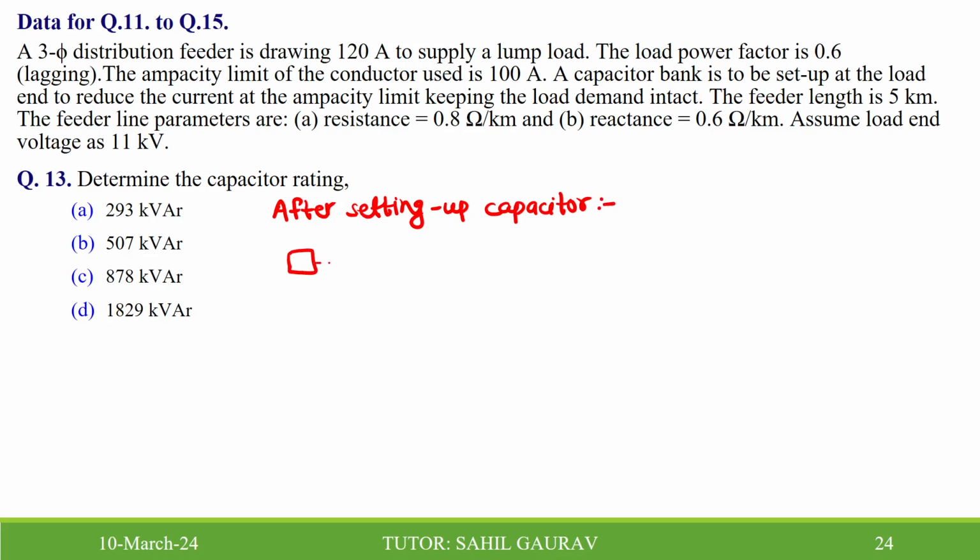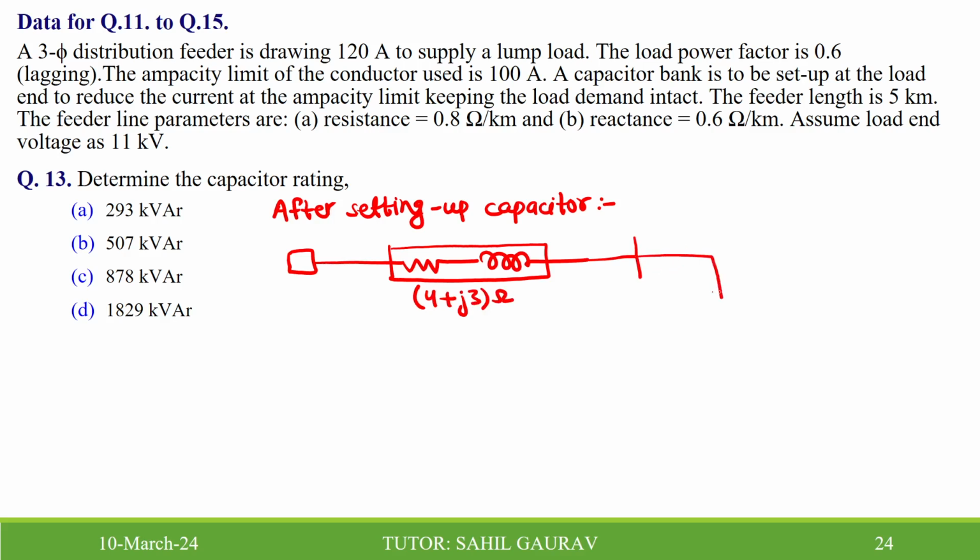Let us take this feeder having impedance given as 4 plus j3 ohm. Now the load is connected to this node, and we have to find this demand.